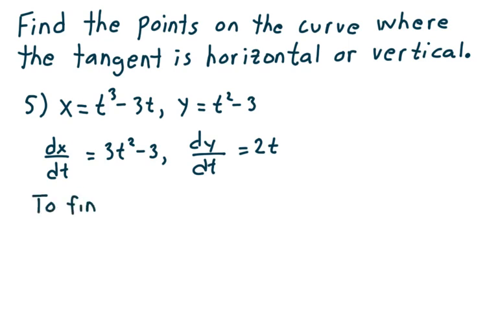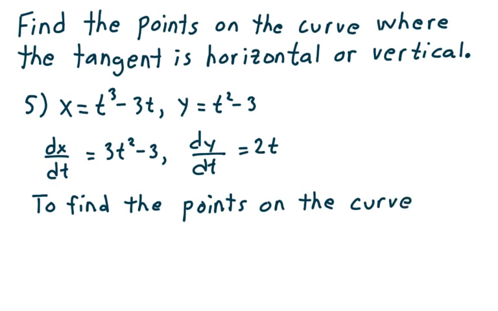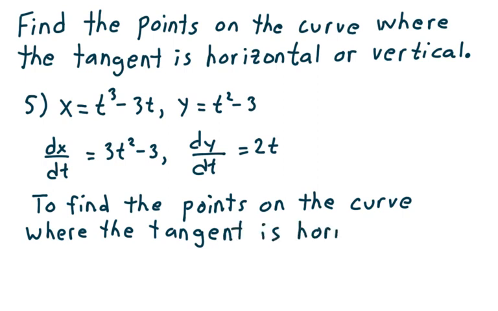To find the points on the curve where the tangent is horizontal, we're going to set dy/dt equal to 0.